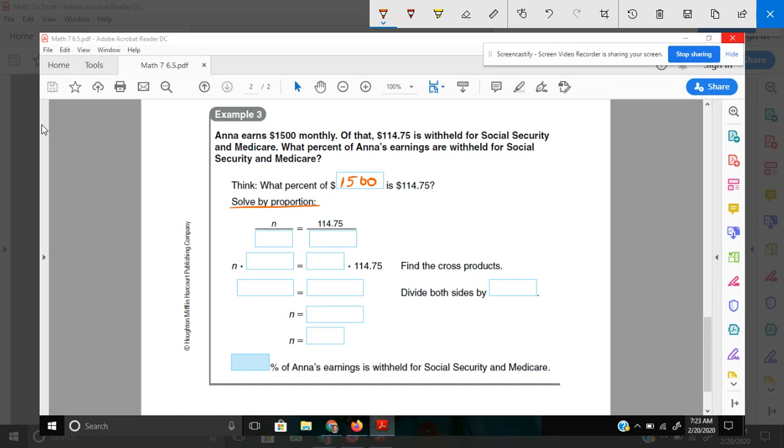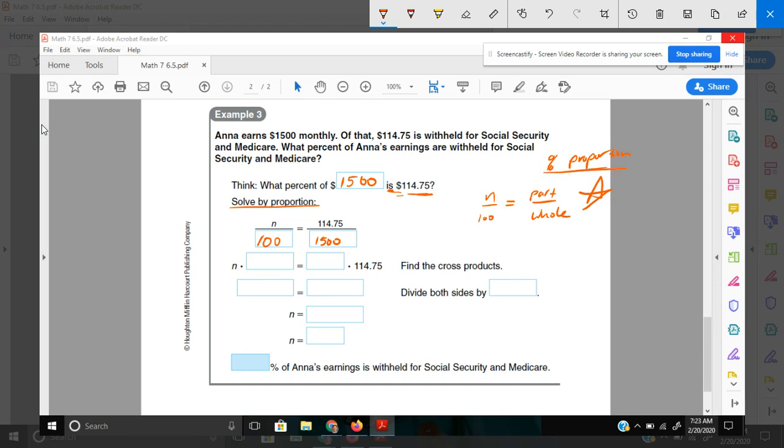What that is, to find that percent, you take n, which is what will give us our percent in the end, over 100, because percents, remember, are out of 100, equals your part, so the amount, and another keyword for part is, divided by your total, and the total that she made was 1,500. So n over 100 equals part over whole. You might want to write that down. That's your percent proportion.